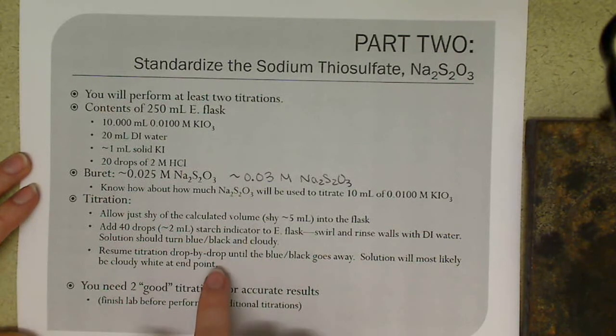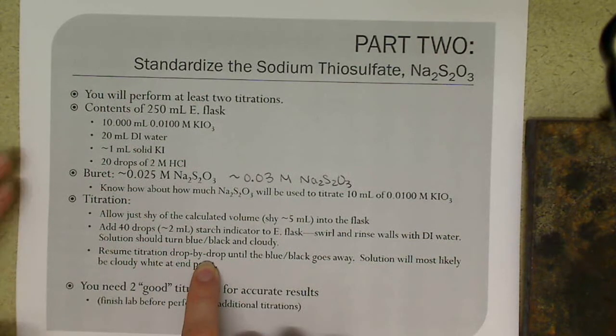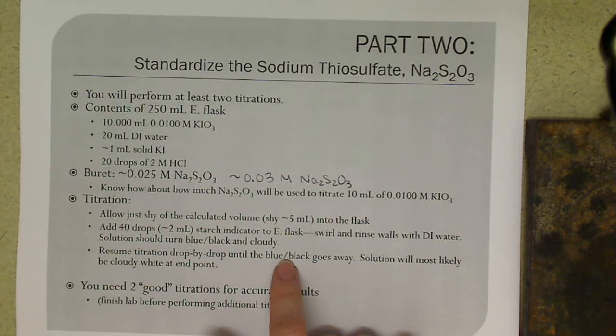You're going to resume titrating, so taking your sodium thiosulfate from the burette, and you're going to go drop by drop, so much slower this time, until this blue-black color goes away. Starch is a little bit more challenging of an indicator to use. It's not like phenolphthalein that goes from a clear colorless to a clear pink color. You're going to have to make a judgment call of when you feel this blue-black has gone away.